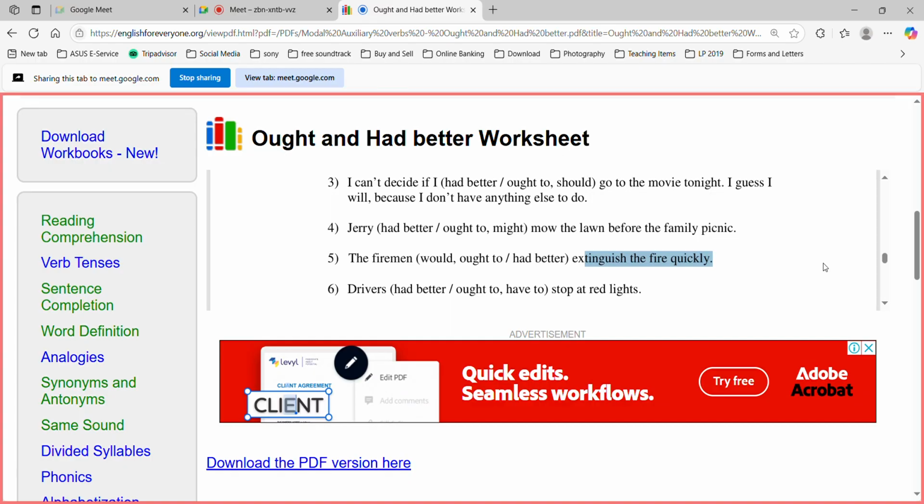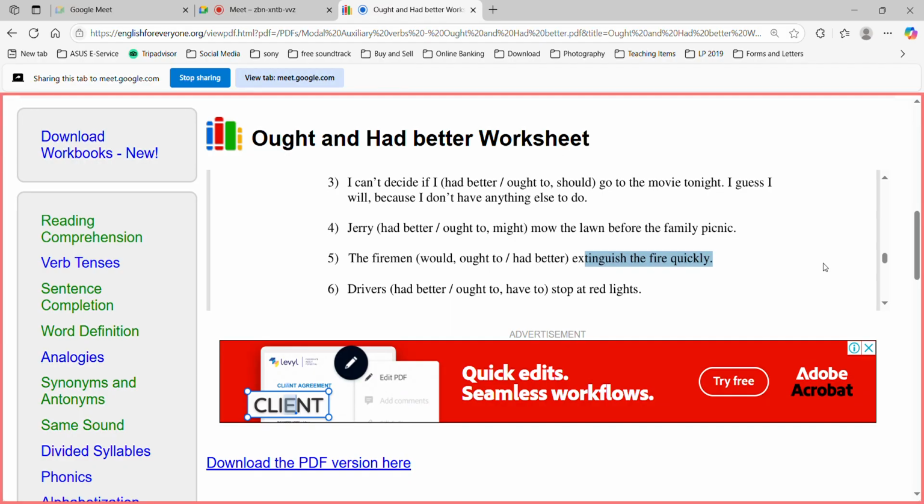All right. What will happen if you don't extinguish the fire quickly in your incident? The house will, will what?